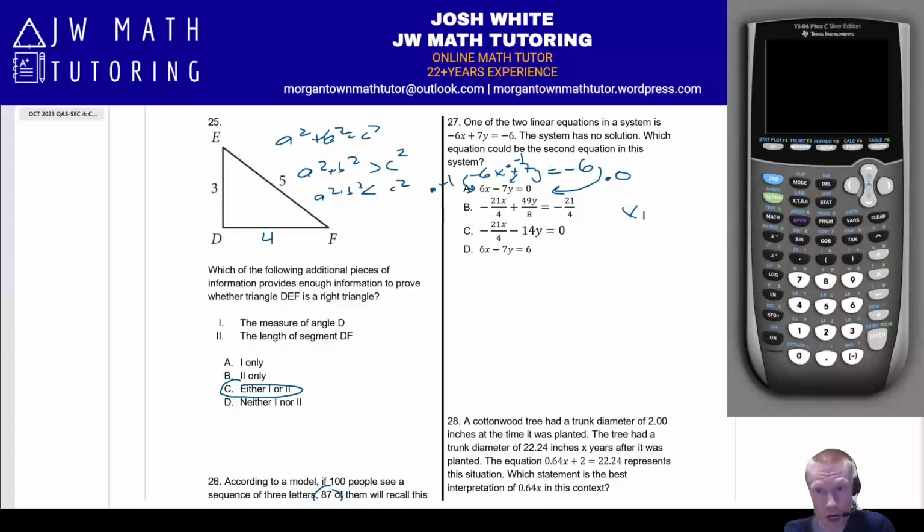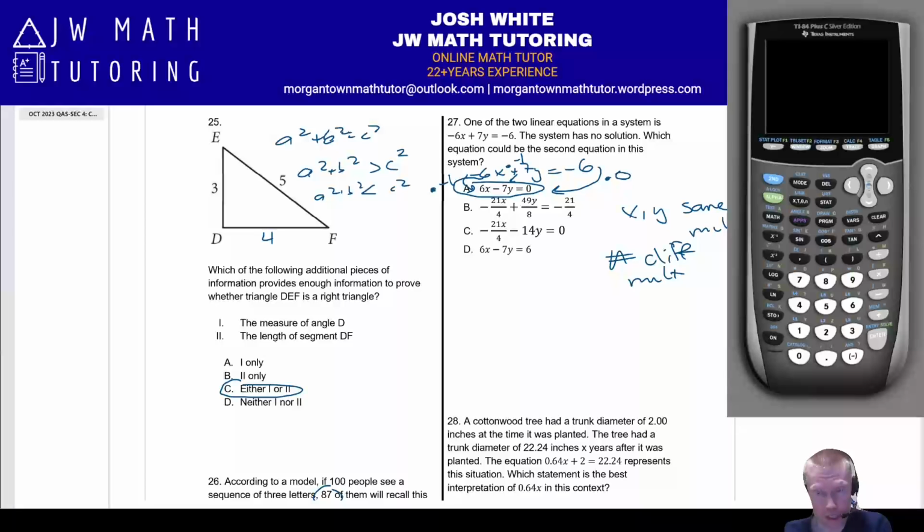So the x and y, again, have the same multiplier, but the number has a different multiplier. Those are the conditions. That's the criteria for a no solution system of linear equations. So the correct answer for this one is going to be letter A.